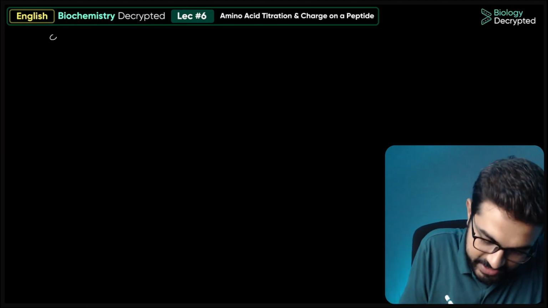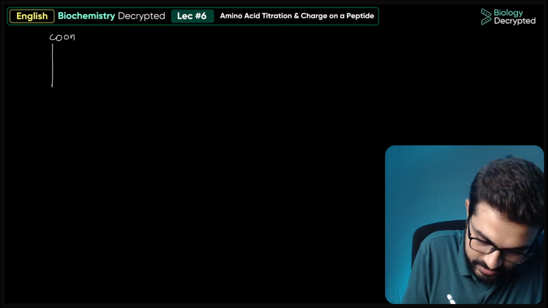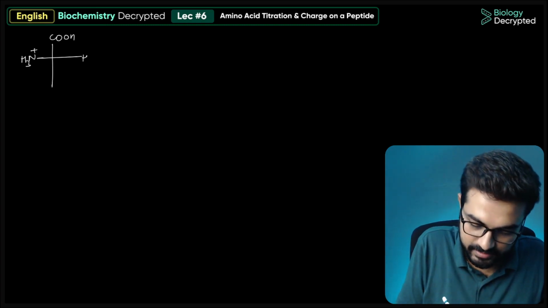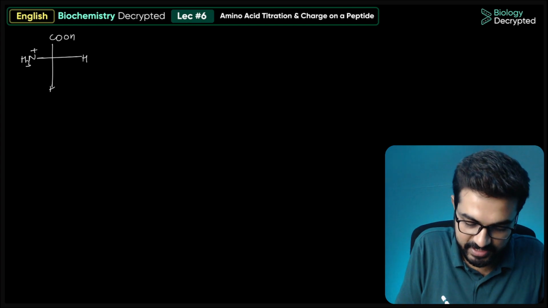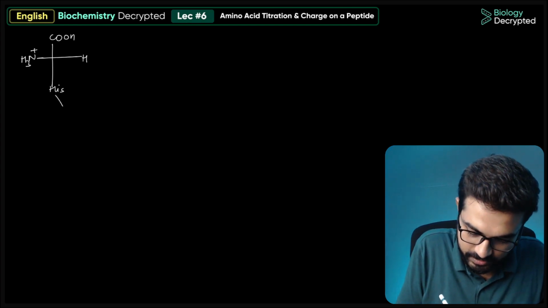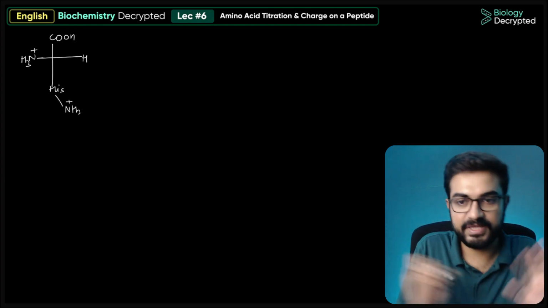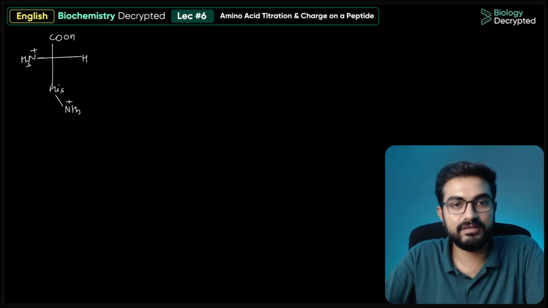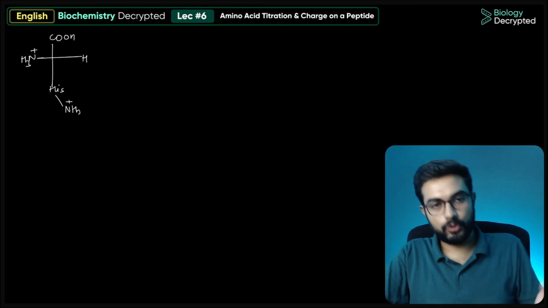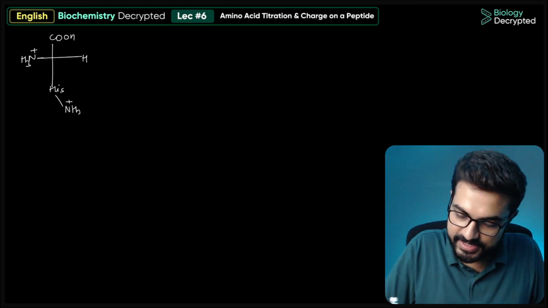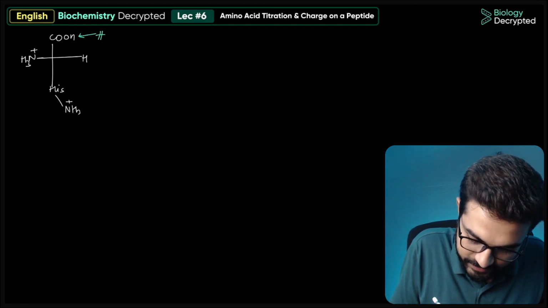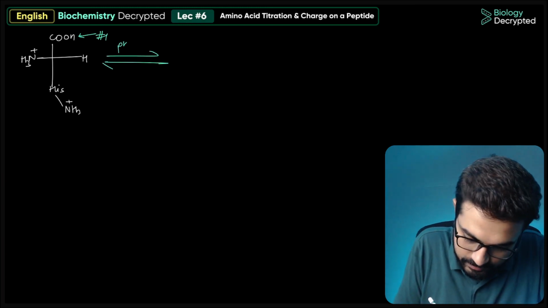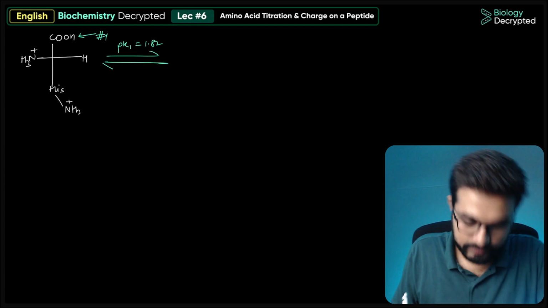Now let's look at the structures for histidine. We have COOH and NH3 plus, that is the fully protonated state, with H, and the histidine side chain, which we'll simply treat as a basic group. The first ionization that will take place is of this one, the COOH. Then we write the pK1, which is 1.82.